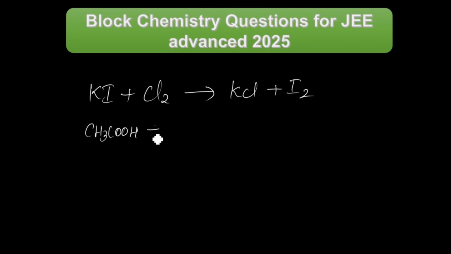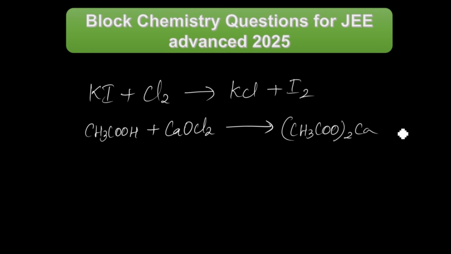Acetic acid with the bleaching powder will give (CH3COO)2Ca plus H2O. Okay, so the liberated iodine, that is iodometry. Iodometry means the liberation of iodine will happen, so it is titrated against thio.